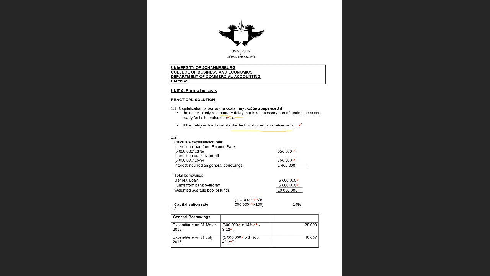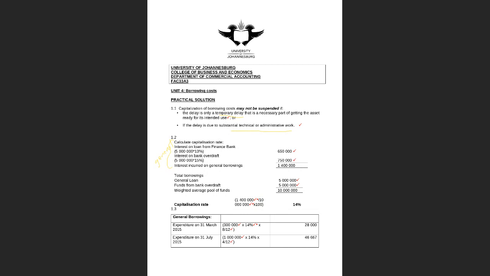And then 1.2 is to calculate the capitalization rate. As we said, we first calculate the interest for both of these, the two general loans. We take the 5 million times the 13%, which was the one general loan, and then the overdraft, 5 million times 15%.